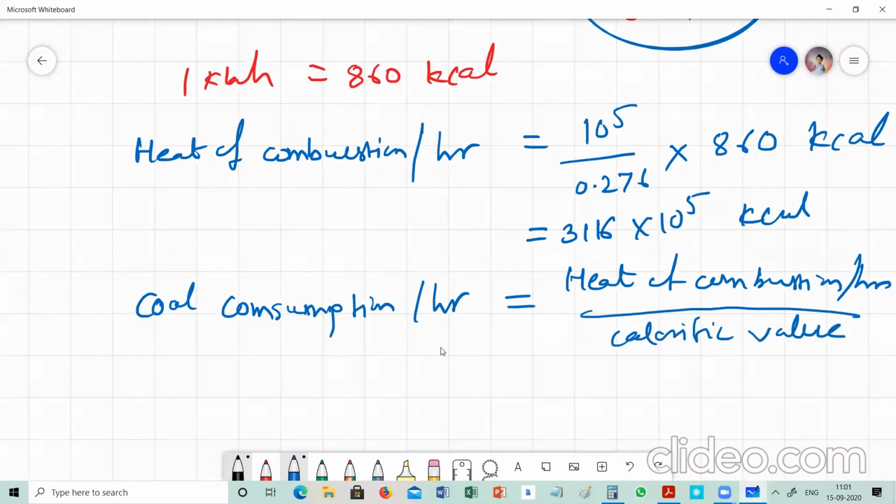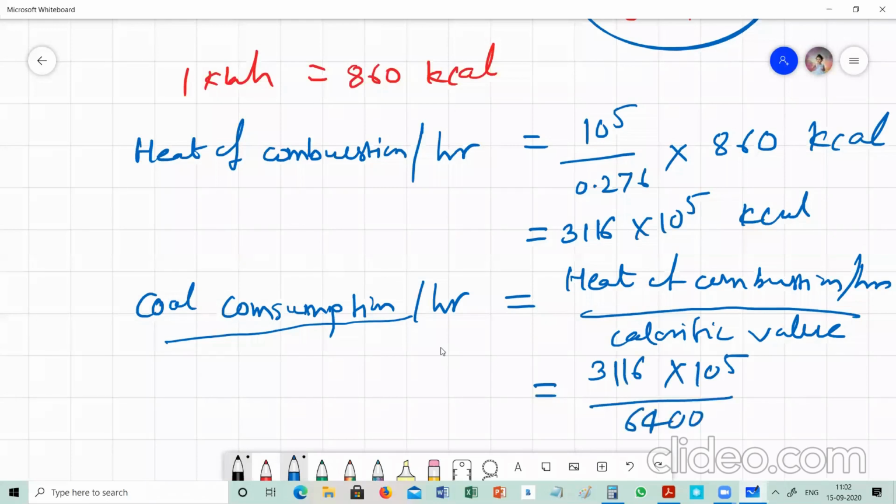In the earlier problem, we calculated heat of combustion from these two data. Now in this example, we are calculating coal consumption using heat of combustion per hour, which is equal to 3116 into 10 raised to 5 divided by its calorific value, given as 6400, and this will yield 48687 kilogram.